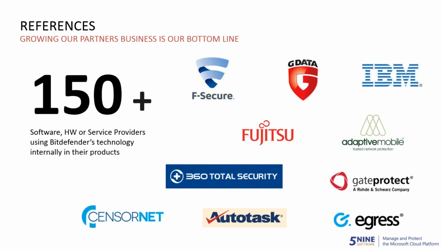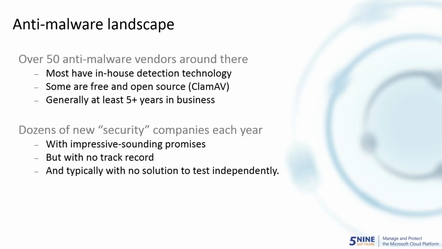If you think about companies like F-Secure, whose core business is anti-malware, it's extremely important for them to have the best anti-malware technology around. When a company like that partners with Bitdefender, using our software for their core business, this gives us a significant boost as a respectable company.